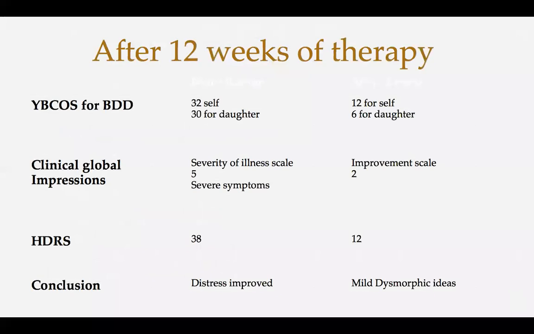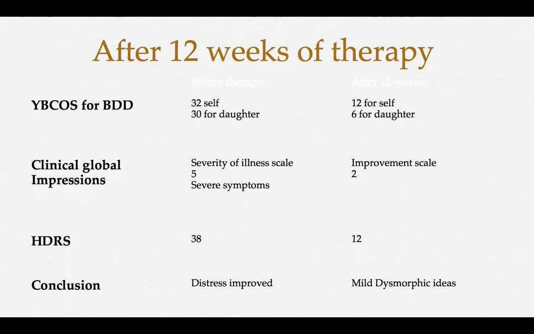So here is the result after 12 weeks of this therapy, where, as you can see, before the therapy and after the therapy, what is the difference? The Y-BOCS after the 12 weeks shows 12 for self and 6 for daughter. The Clinical Global Impression improvement scale was 2, which previously, before the therapy, was 5, showing severe symptoms.